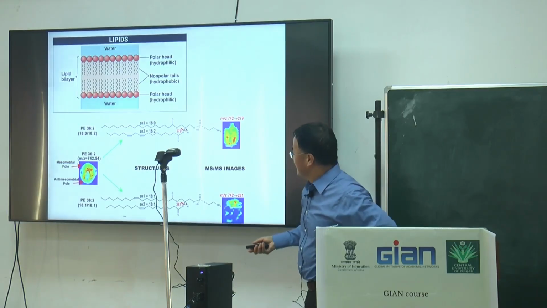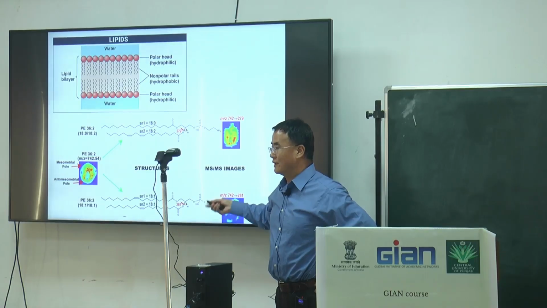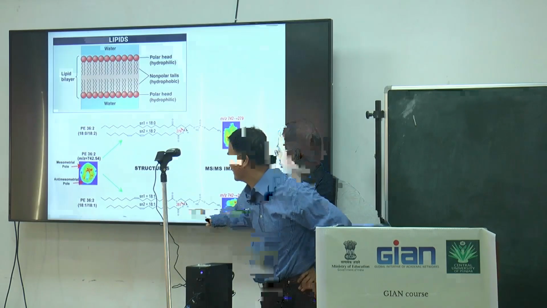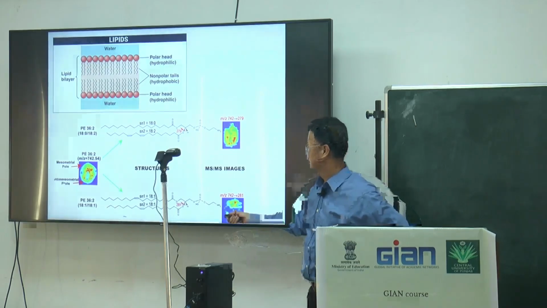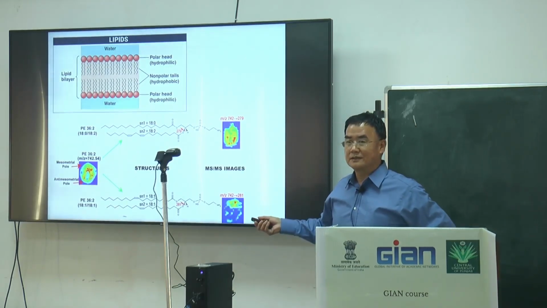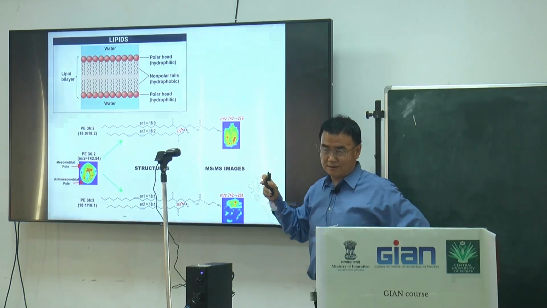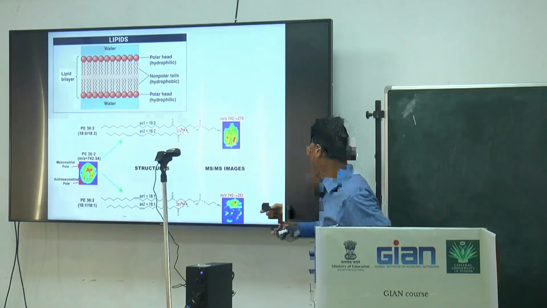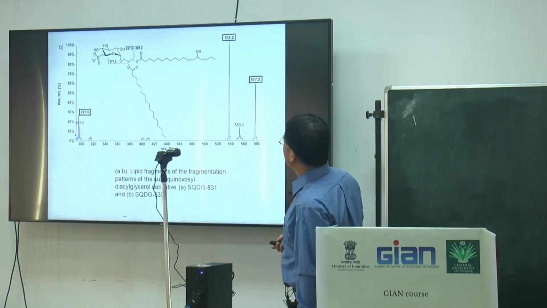This group of molecules has one, two, and sometimes three of these. The most often seen is photosynthesis plus D. Later on I will show that. We know the broken sites.